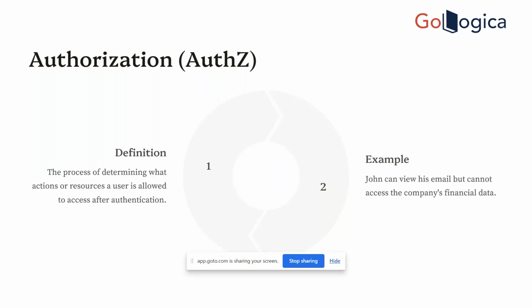Action means what kind of actions, like either the person has read-only access, or the person only has editable or viewing access, sharing access, whatever access he is having. Okay, so if John Doe can view his email but cannot access the company financial data, that comes under authorization. So authorization is stating that John is authorized to view his email address.